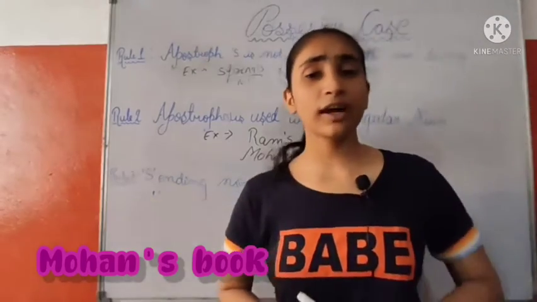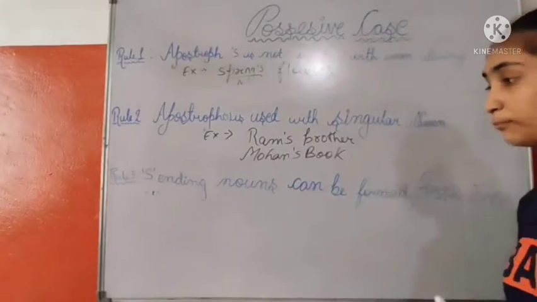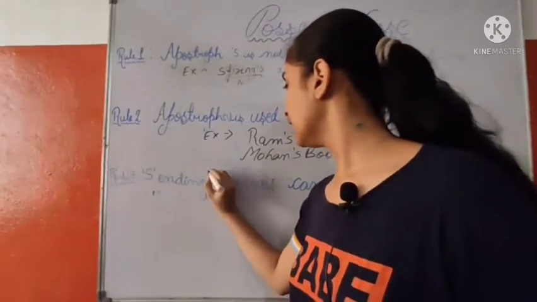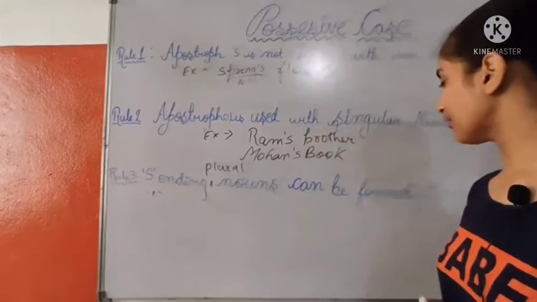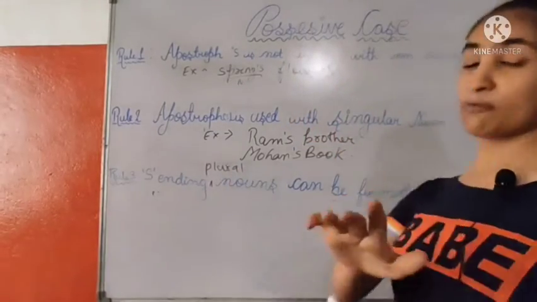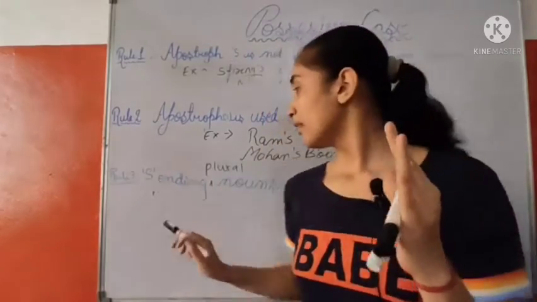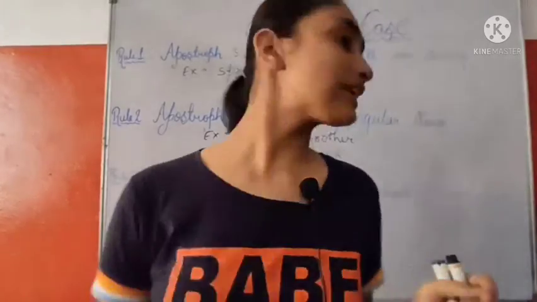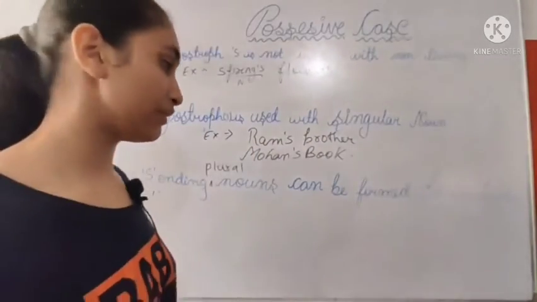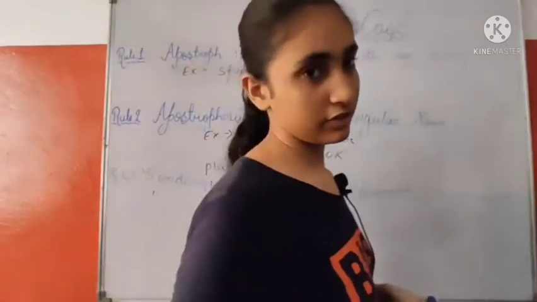So, if we talk about our third rule, then s-ending plural nouns. S-ending plural nouns can be made possessive by simply adding apostrophe.